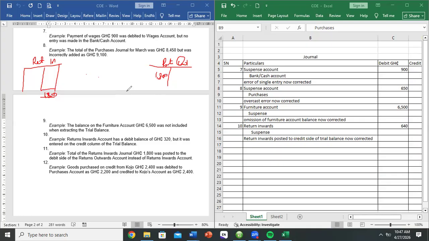The person who will get it, I think I owe you some 20 cedis worth of bundle. Total return inwards was posted to return outwards, but it was debited. Yes, Austin. I'll try.